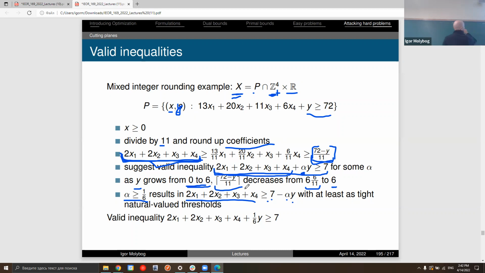Y, and this is going to be 72 minus y over 11. So y is going to grow from 0 to 6, and then it's going to get greater values, because it's bounded between 0 and something.